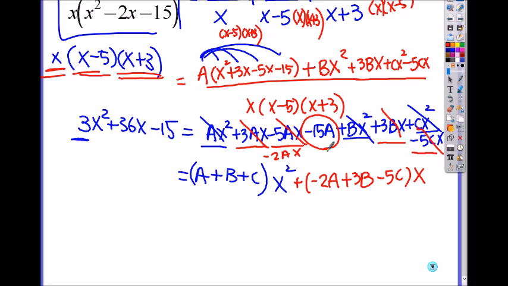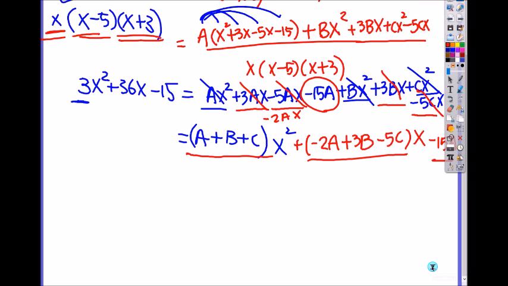Thankfully, there's only one, so it's minus 15A. So this is my coefficient of x squared. This is my coefficient of x. And this is my constant term. So now let's write the system of equations. So A plus B plus C, the coefficient of x squared, was equal to what? What's the coefficient of x squared?